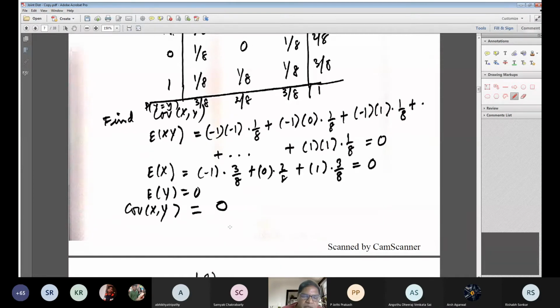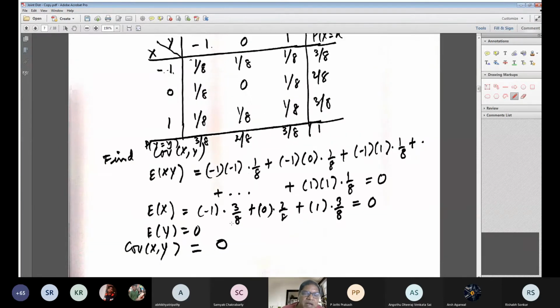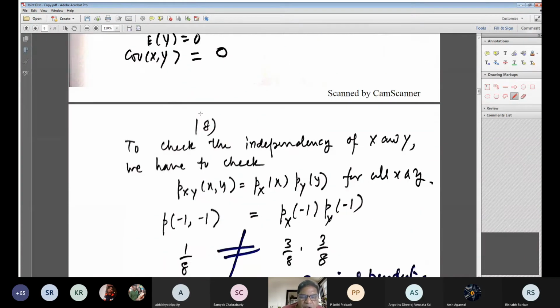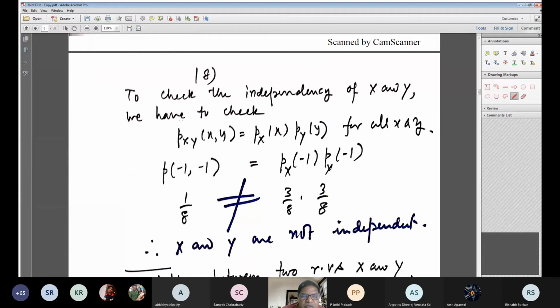However, if you want to see whether x and y are independent, you have a result that the joint probabilities must be equal to the product of the respective marginal probabilities. So now if you check the joint probability, x takes minus 1, y takes minus 1. P of minus 1, minus 1 must be equal to P of x minus 1 times P of y minus 1.